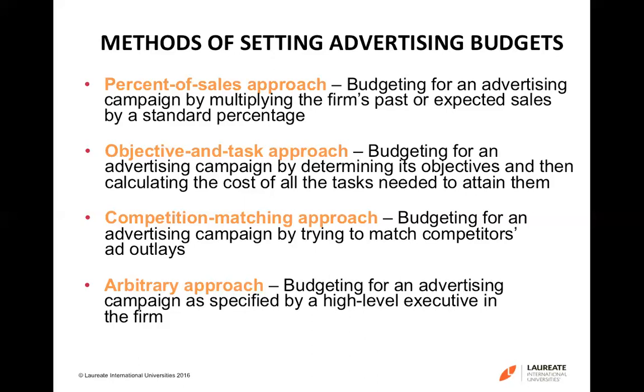And actually, there's another approach, which is basically affordability approach, which is quite popular among small companies. With the affordability approach, the companies would look at how much revenue that they can make, let's say $5 million this year, based on last year's projection.